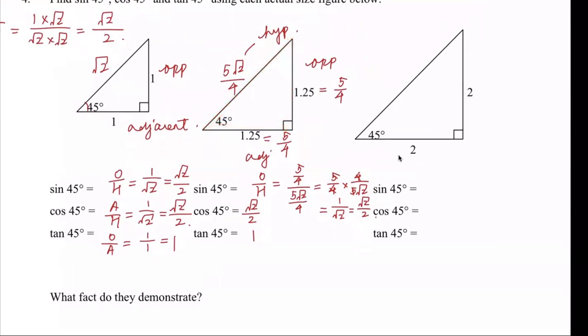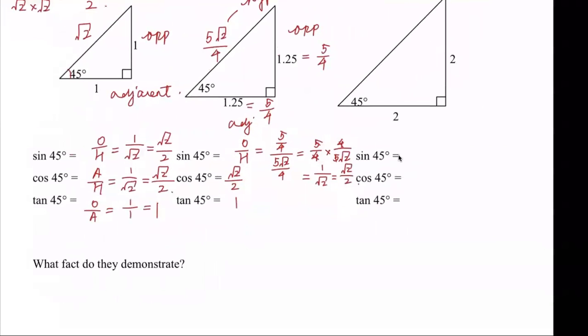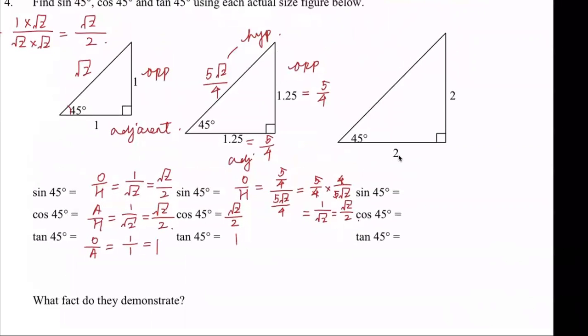If you do the same operation, we can see in the third triangle, this triangle is even bigger, right? The sides are 2, 2. If we use the Pythagorean theorem, we'll find the hypotenuse is equal to 2 times square root of 2.